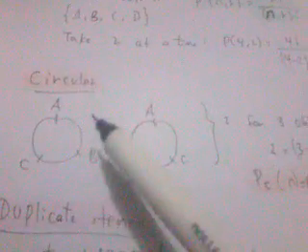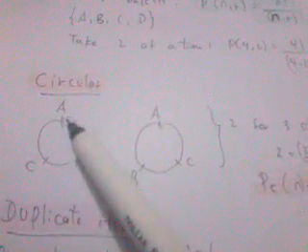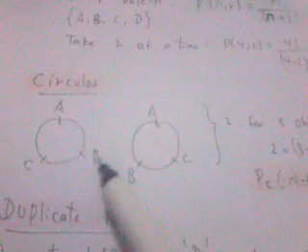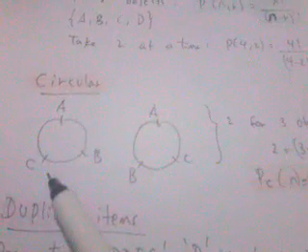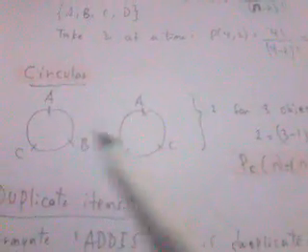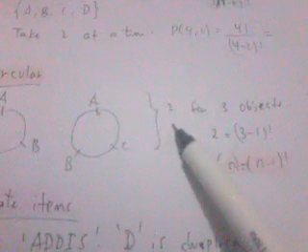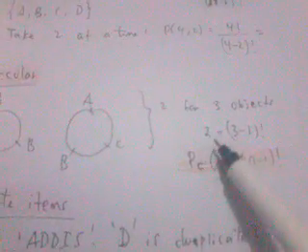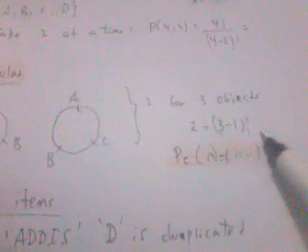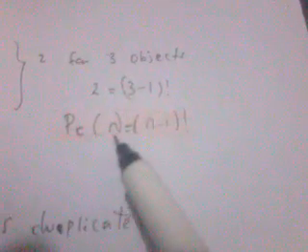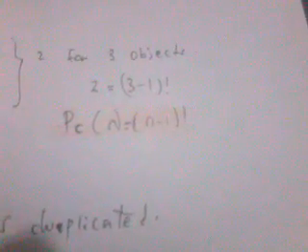So the straightforward thing is to fix one of them and then exchange all the others. So we fix A and then we change C and B places, and that's only two. We have only 2 options for 3 objects, which is 3 minus 1 factorial. So the circular permutation for n objects is (n minus 1) factorial ways.